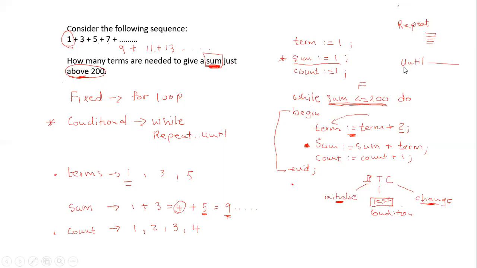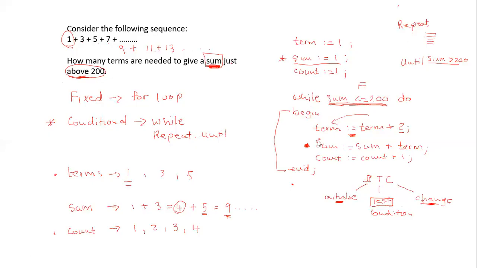So what impact does that have? In the while loop, we said while sum is less than equal to 200, we did the statements. But in a repeat until, we would say repeat our statements until the sum is greater than 200. So the minute the sum reaches a value greater than 200, the repetition then stops.